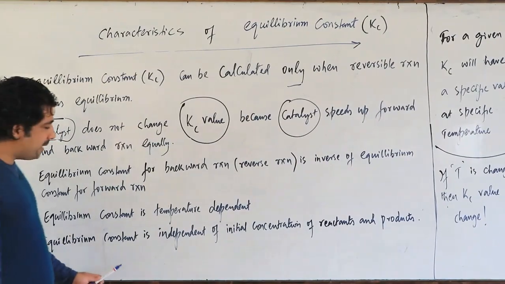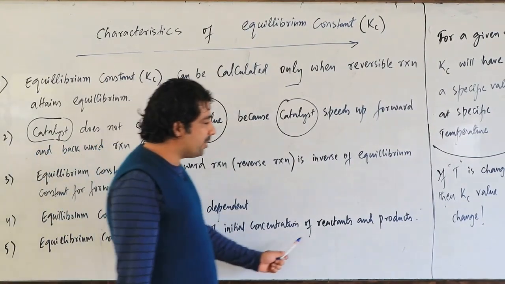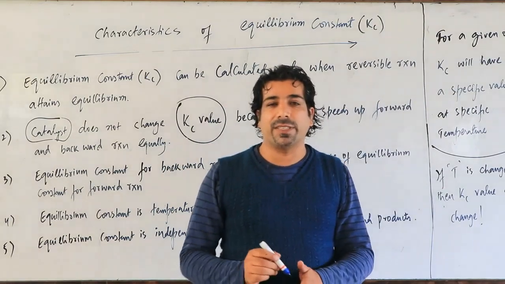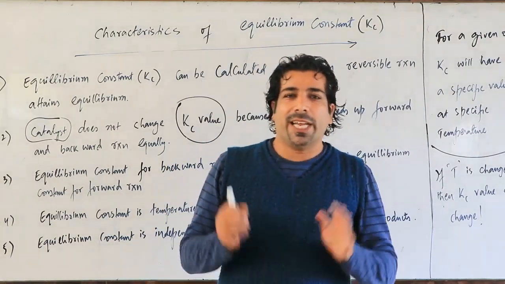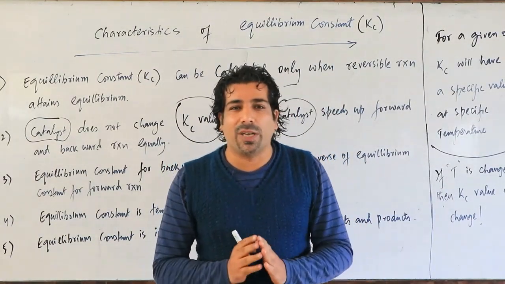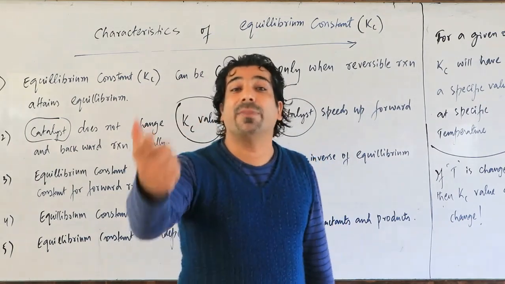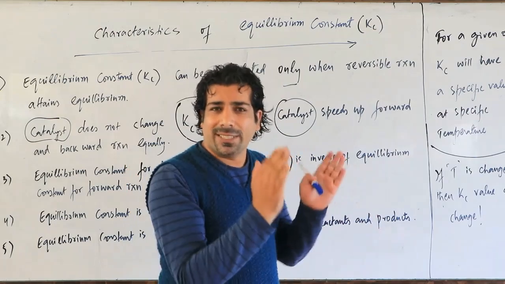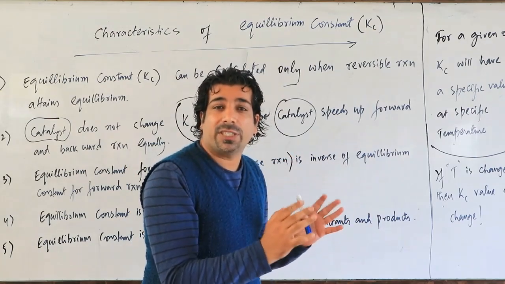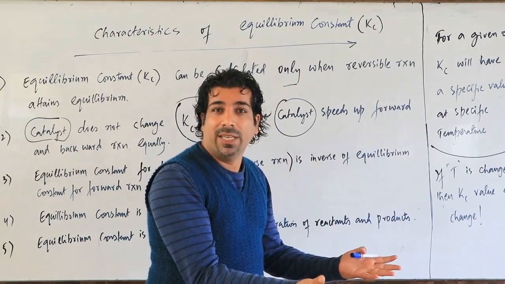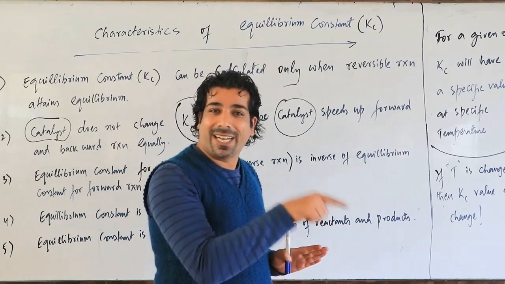The equilibrium constant is independent of the initial concentration of reactants and products, my dear friends. I told you, the equilibrium constant only depends upon the concentration of reactants and products at equilibrium. So the Kc value will depend upon the concentration of reactants and products which are present at equilibrium.